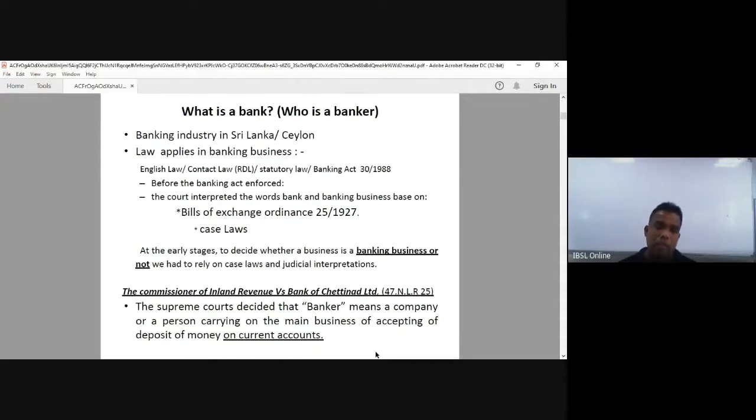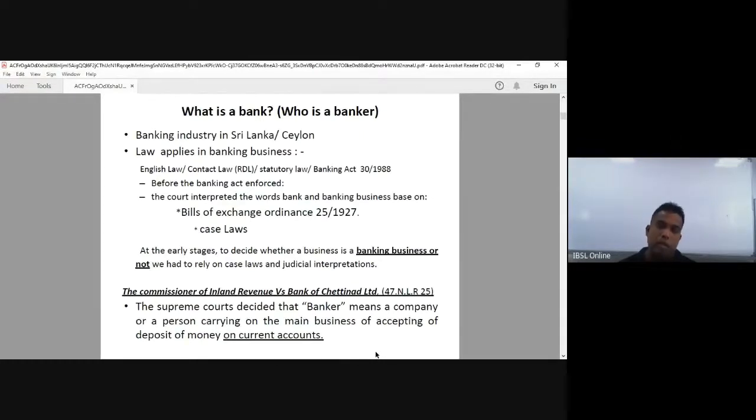The name of the company was Bank of Chettinad Limited. You can see their name carries the word bank. Their business was that they took deposits or securities from the public, lent money, charged interest, and took mortgages. So they basically did a business similar to banking.